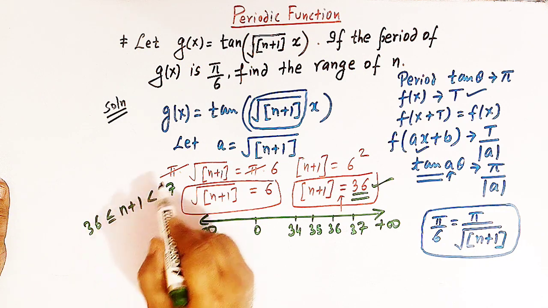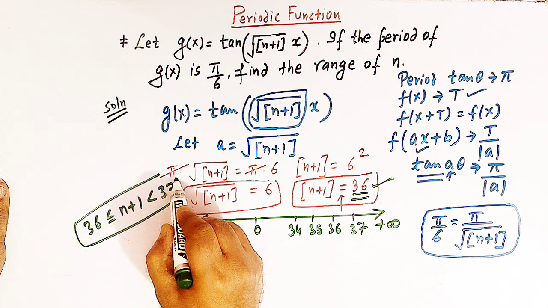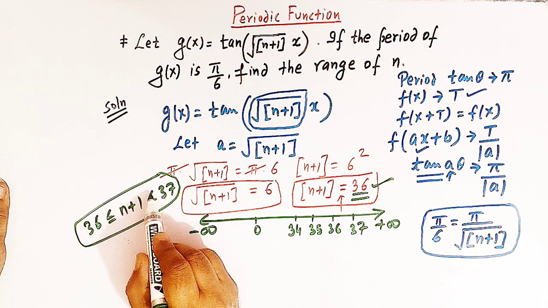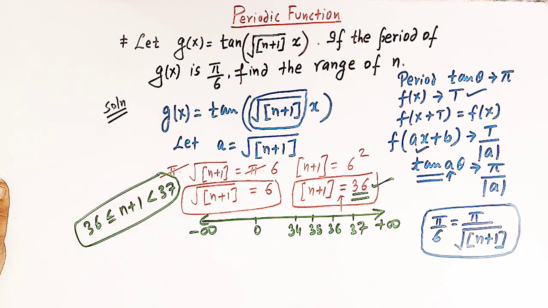So we have the inequality n plus 1 is greater than or equal to 36 but less than 37.